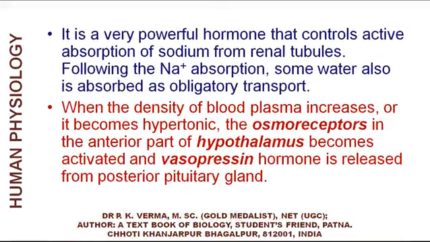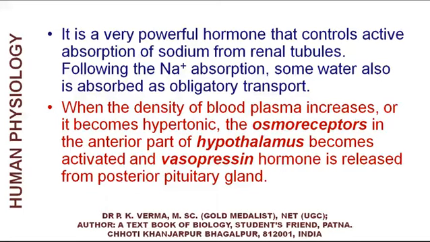Similarly, water also is absorbed by active transport in the distal convoluted tubule and collecting duct. When density of water decreases in blood, that is, blood becomes dense, the centers in hypothalamus become active.